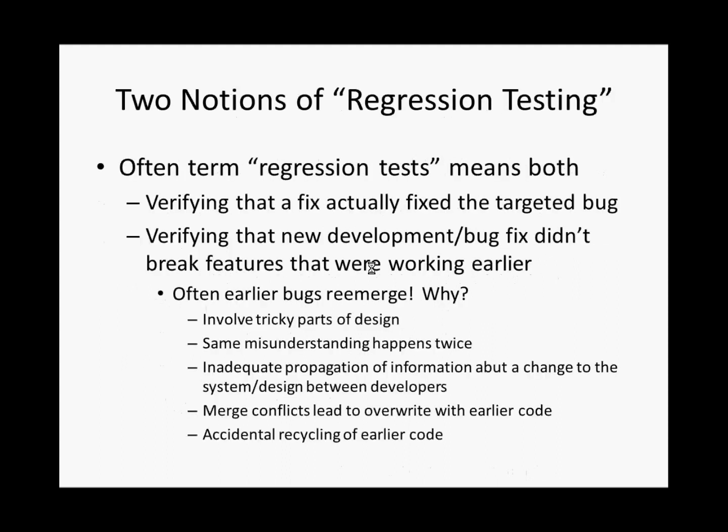Sorry? SVN. Yeah, well, it's not just SVN. It could be SCCS. It could be RCS. It could be Git. But basically, you have a situation where you have two people working on the same artifact, and they have to merge.